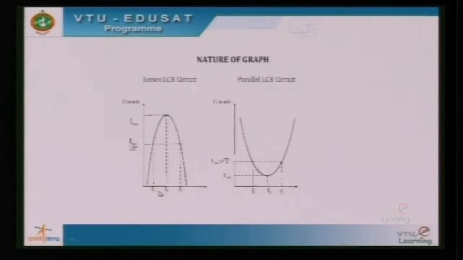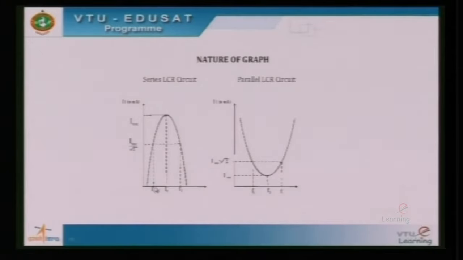So, the range of frequency is selected by drawing a line across the graph corresponding to I maximum by root 2, and these 2 points on the x-axis abscissa are referred to as the cutoff frequencies.